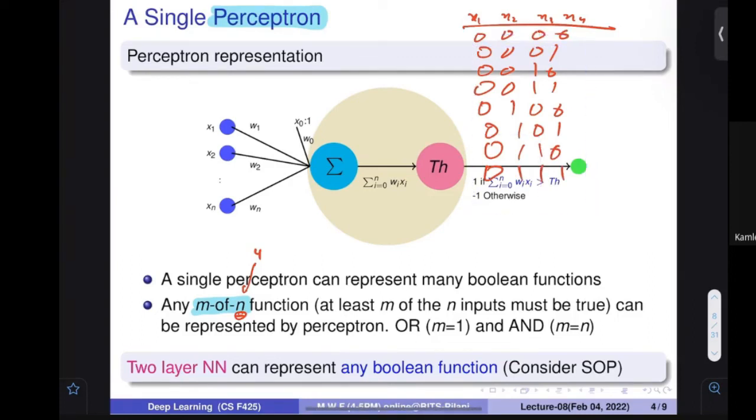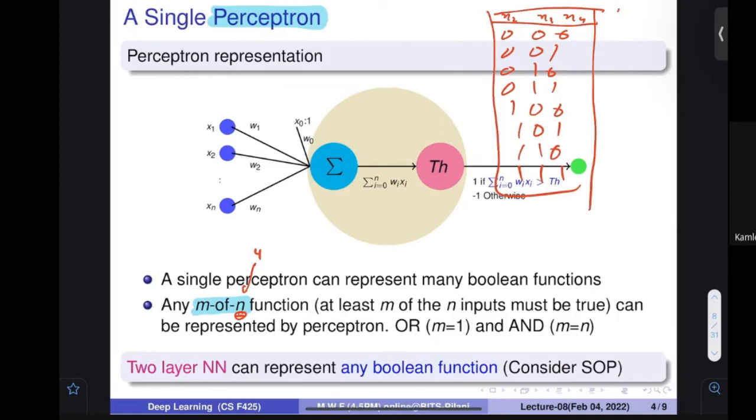Just for the sake of clarity, let me take only 3 values. The function that I am going to define is 2 out of 3, where m is equal to 2 and n is equal to 3.